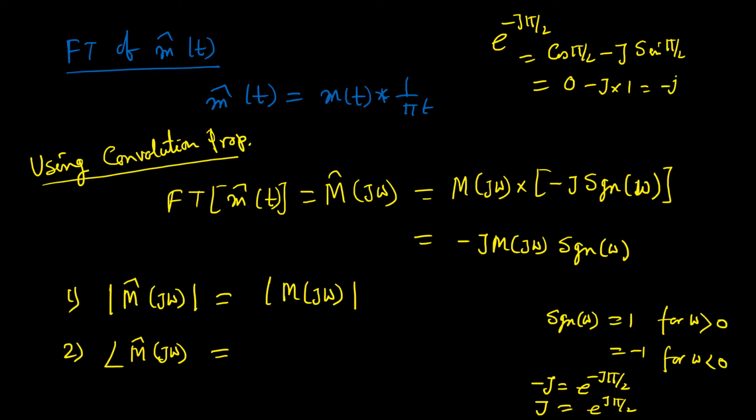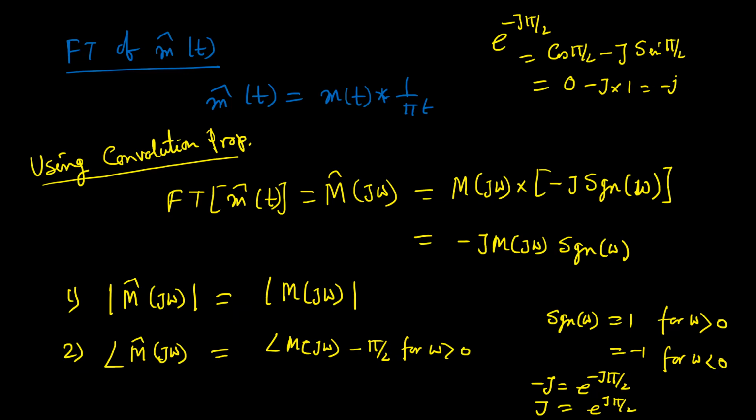So if I replace minus j by e to the power minus j pi by 2, then with whatever angle is there, 90 degrees is subtracted. So the angle of M cap is the angle of M of j omega minus pi by 2, for omega more than 0.